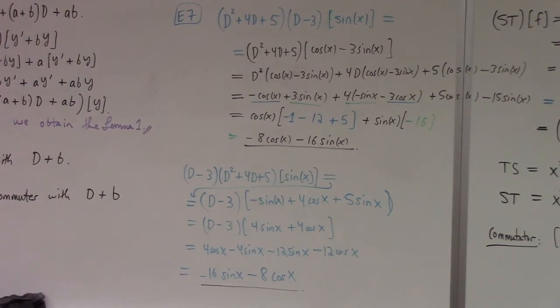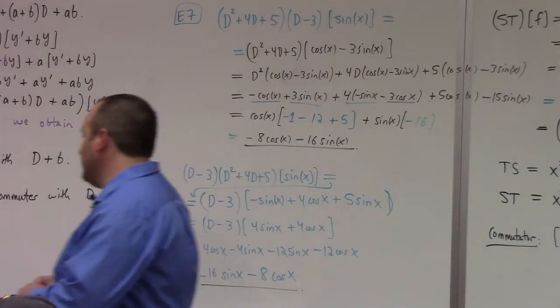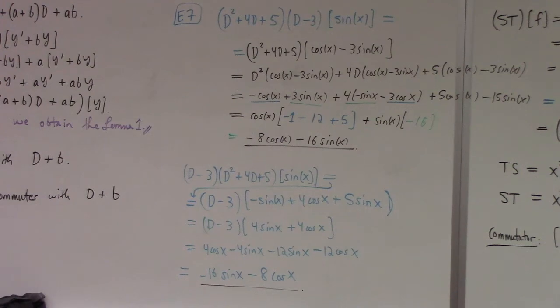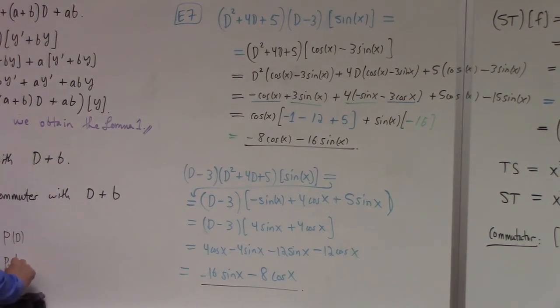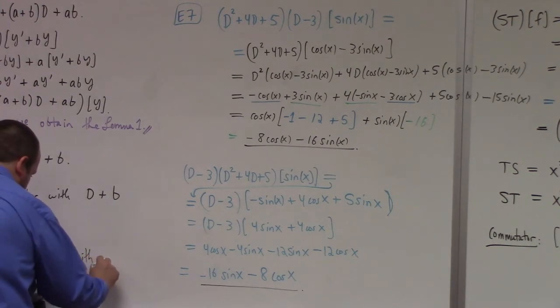So what I'm trying to say is that sort of the uber lemma of this, I'll just call it lemma 4: P of D times Q of D is equal to Q of D times P of D, where P and Q are polynomials with real coefficients, all right?